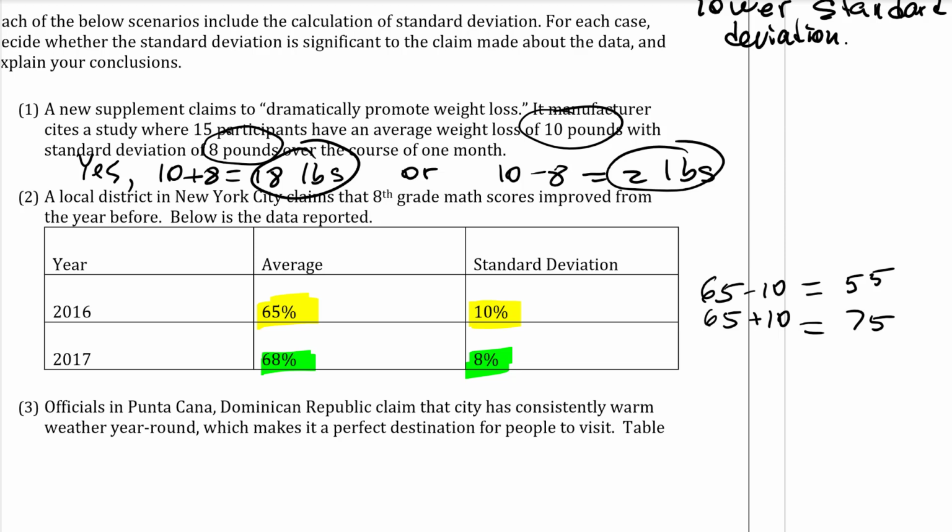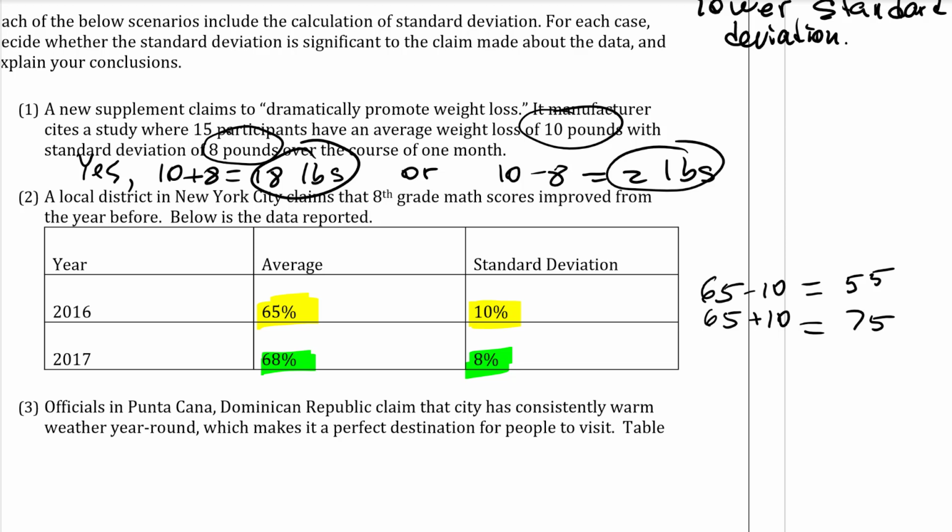That's what we see, and we're talking about the average scores. So all the students scored anywhere between 55 and 75 on that math assessment.